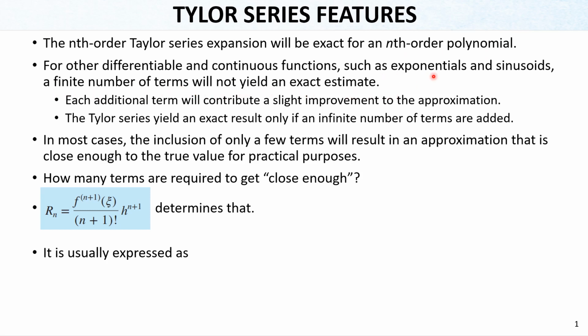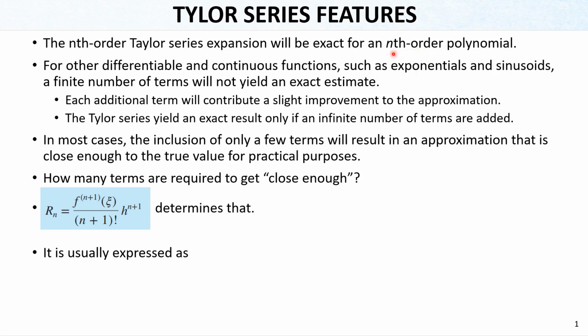That's why for this kind of equations, we will have improvements by increasing the order or adding some Taylor series terms, but it will never go to the exact estimate. And the Taylor series yields an exact result only if an infinite number of terms are added for these cases.